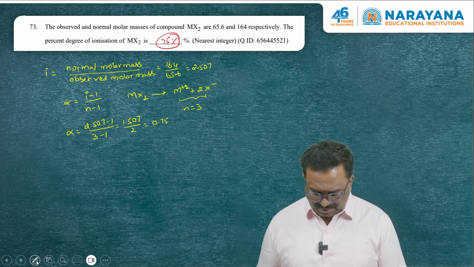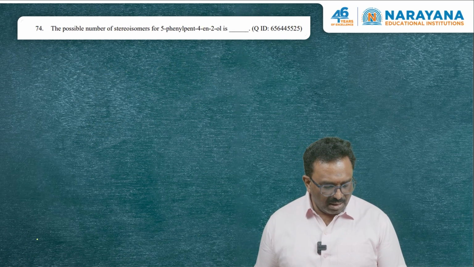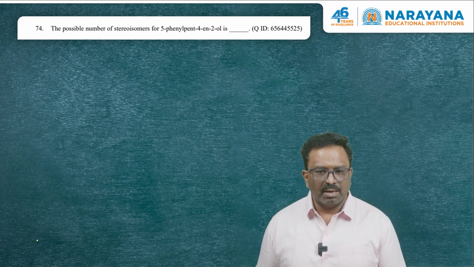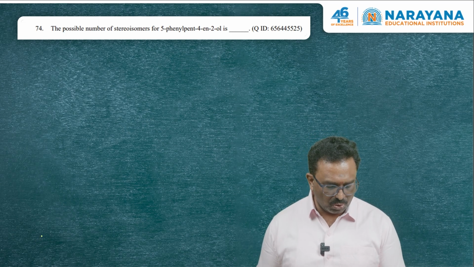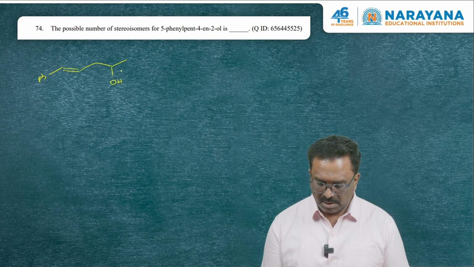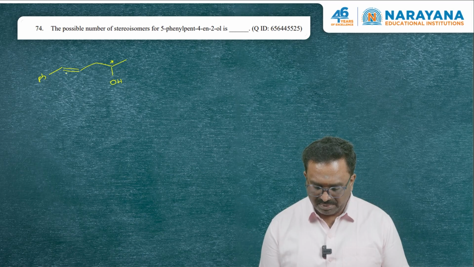Let us see this next one. The possible number of stereoisomers of 5-phenyl pent-4-en-2-ol. Here this is a chiral carbon, and here we have a stereogenic center here also.